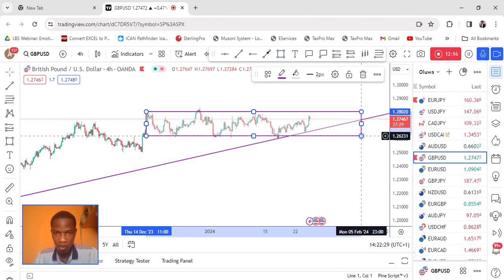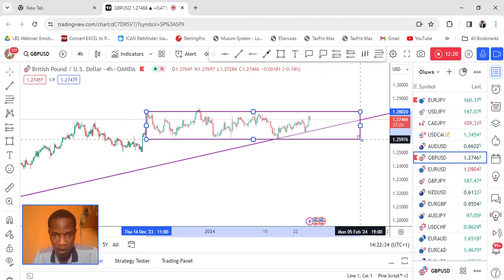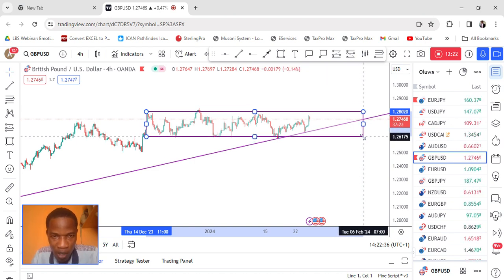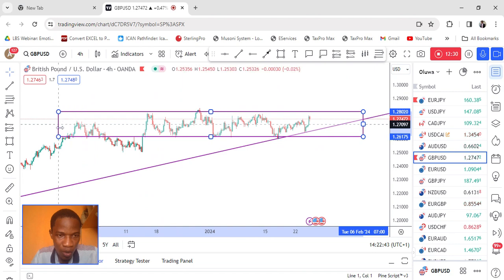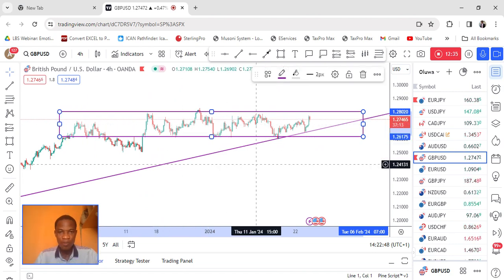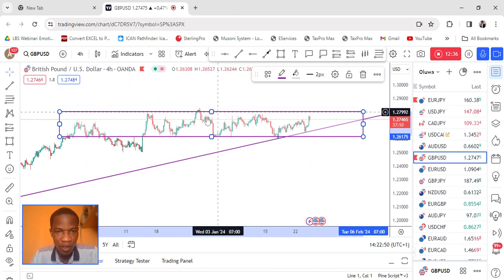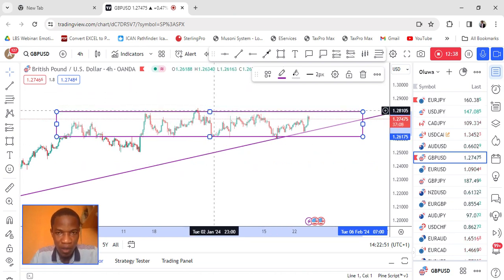Good. Let me adjust this a little bit so that it's going to have multiple touches. Good, so it has multiple touches. Perfect.